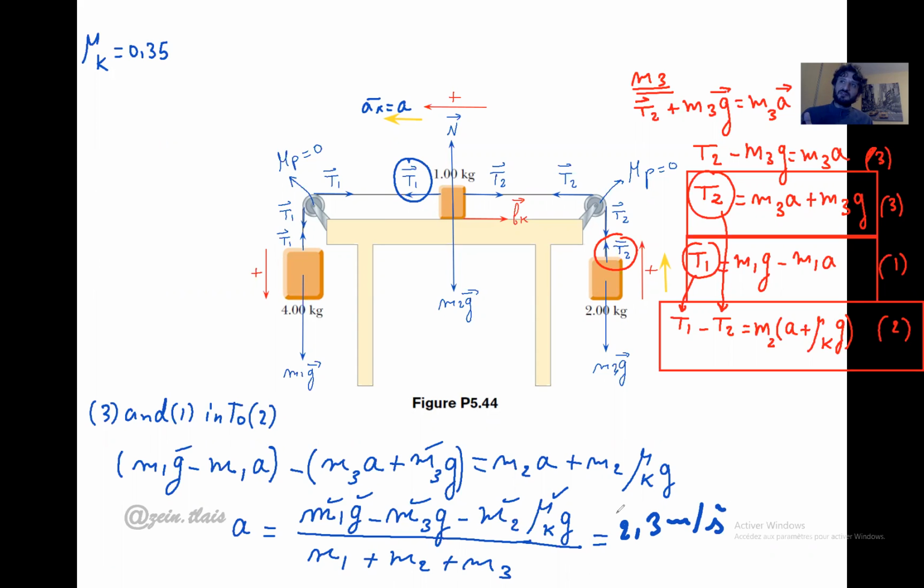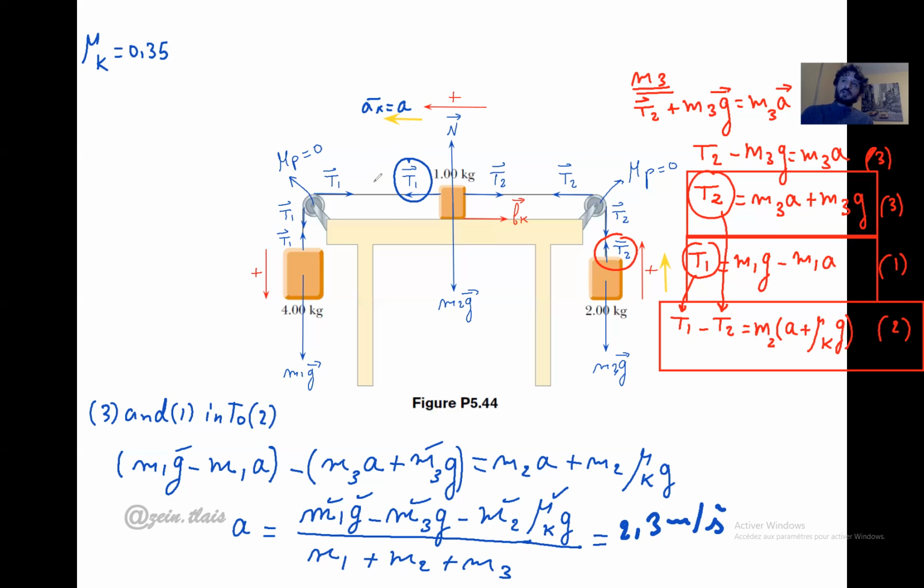A is positive, so M1 will move down, M2 will move to the left, and M3 moves up. Okay, if you get A equals minus 2.3, it means we keep the same values of A and T, but the motion must be opposite.